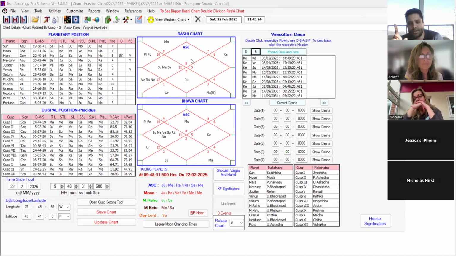But the planets are not going to change their signs. The only troublesome planet here becomes the Moon, because it changes sign every 2.5 days. So even then, chances are it's going to be in the same sign. If somebody wants to get their reading done and doesn't have their time of birth, Nadi astrology can do a great job.